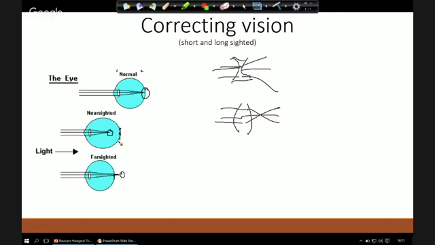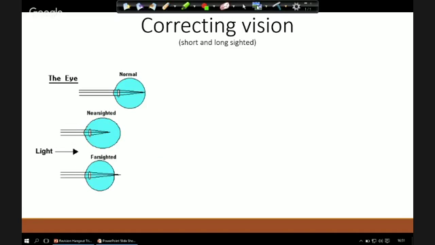Well, if the rays are falling short, I'm going to need to spread the rays out a little bit. By them being spread out a little bit more, they will now appear on the back of the eye. And again, for this far-sighted one, I want the rays to be bent slightly more, so I just need to pop a different type of lens in front.